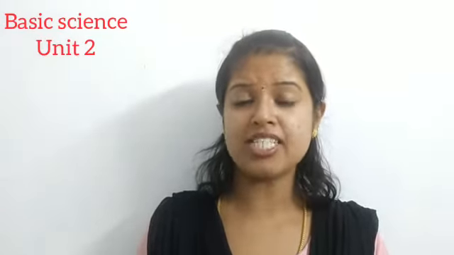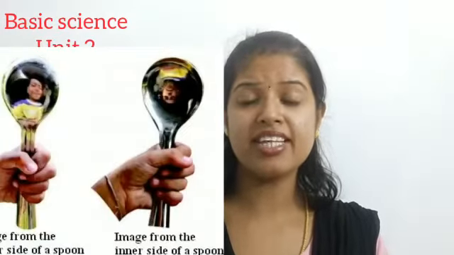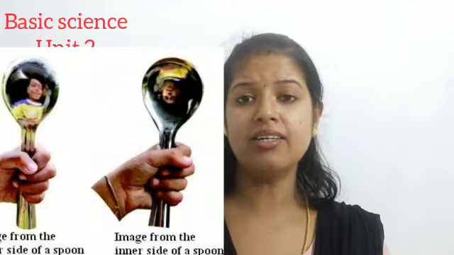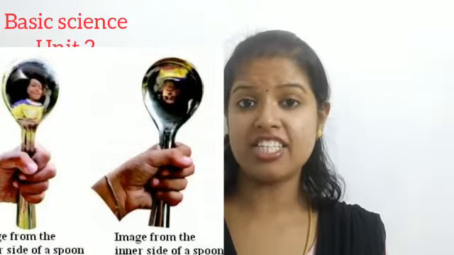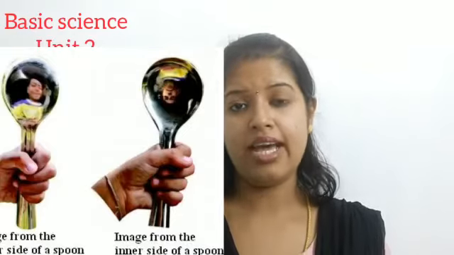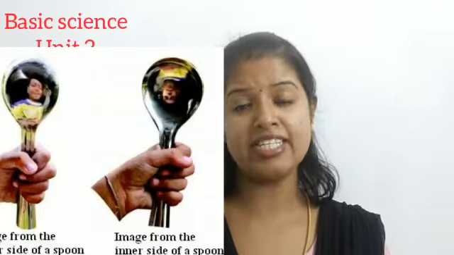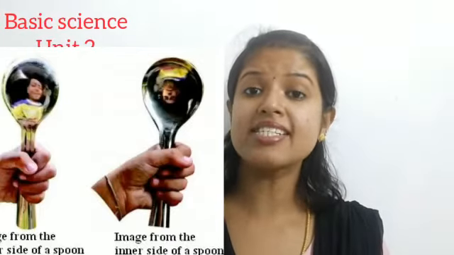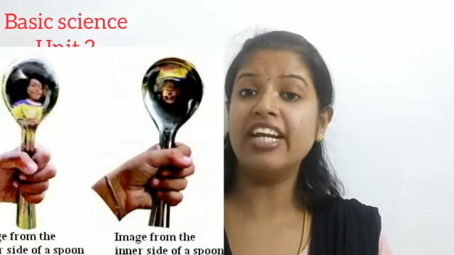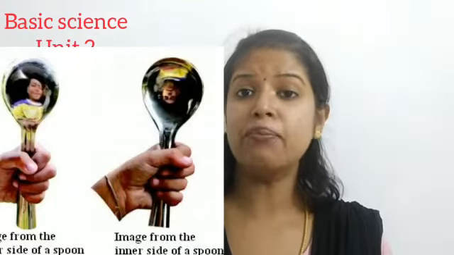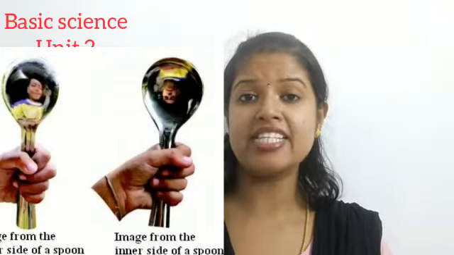See from this picture, this boy is facing the front side of the spoon, so he will get a large image. And if he is facing the back side of the steel spoon, he will get a small image. So the front side and back side will be different, not like the plane mirror. In a plane mirror, the size will be the same.